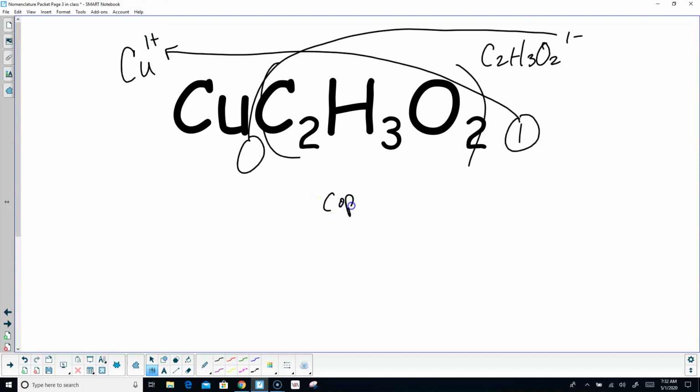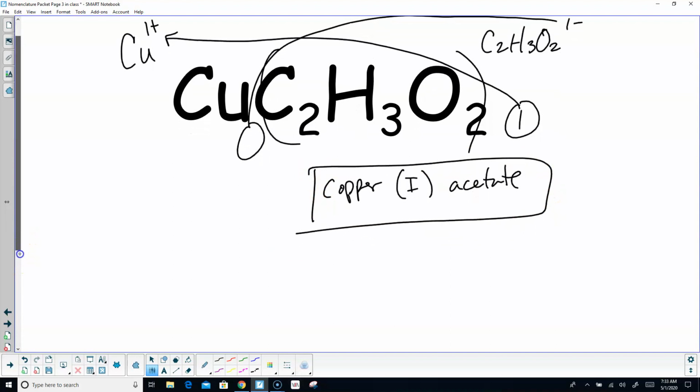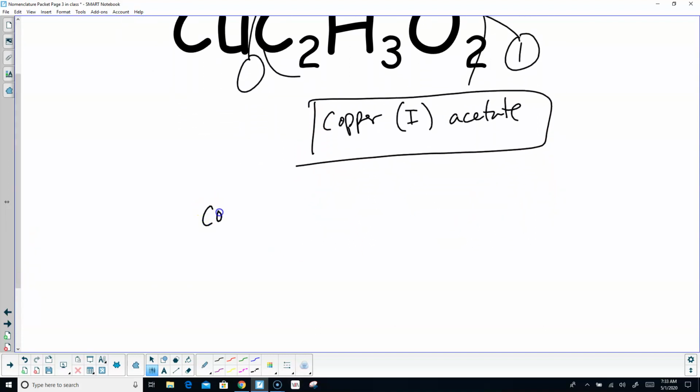So this is copper 1 acetate. Now, if some of you thought that maybe that should be copper 2, copper 1 acetate is the answer. If you were trying to do copper 2, it would actually look like this. Let's do it the opposite way here. If I said copper, Roman numeral 2, acetate, this is what it would look like.